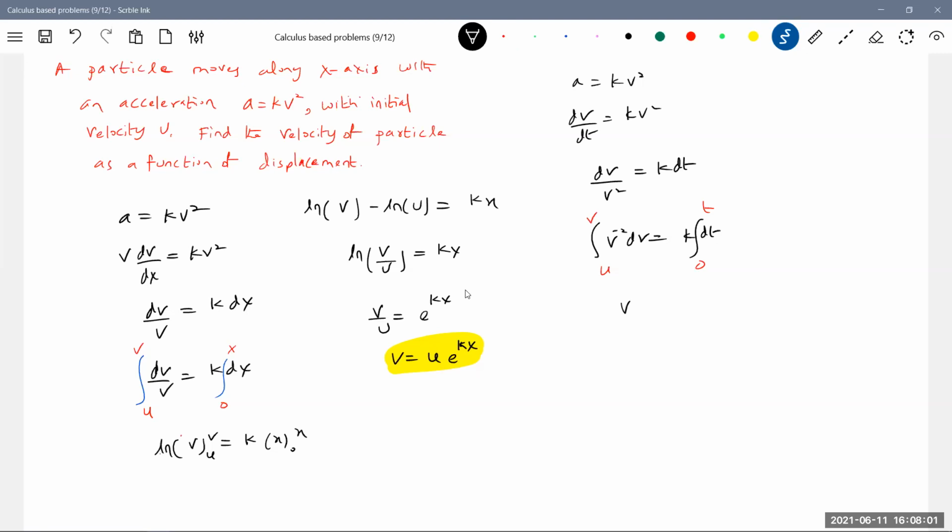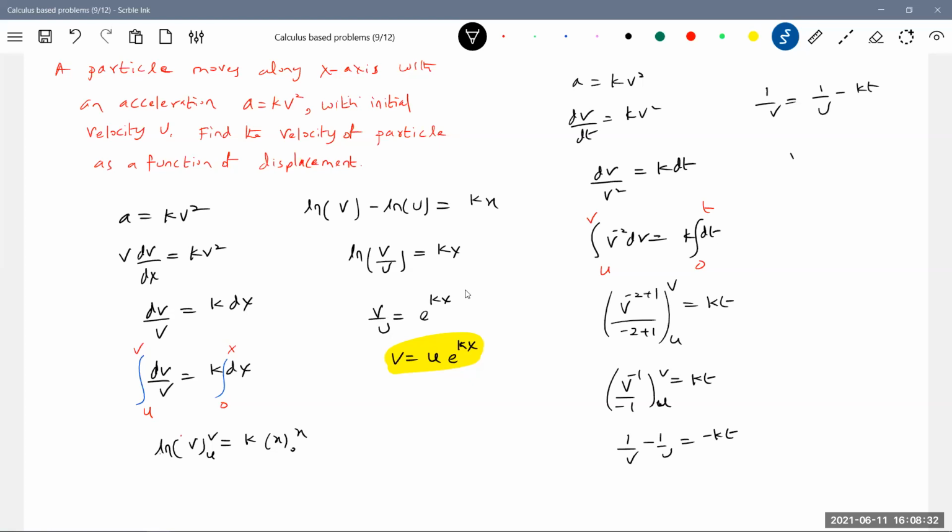So then this will become v to the power of minus 2 plus 1 over minus 2 plus 1, equal to kt, with limits u to v. So this will be v to the power of minus 1 over minus 1. The negative sign, okay, this will become minus 1 by v plus 1 by u equals kt. Further simplification gives 1 by v equals 1 by u minus kt. So v equals u by (1 minus u kt).